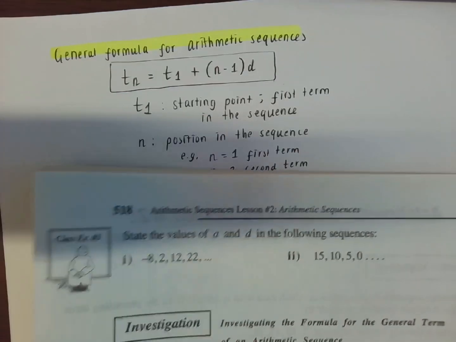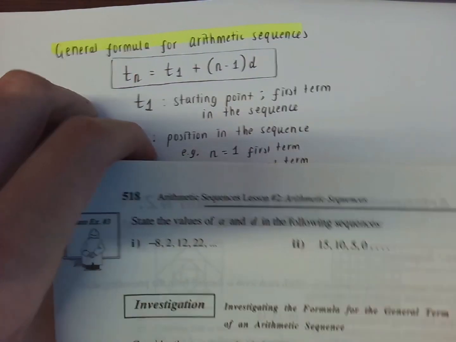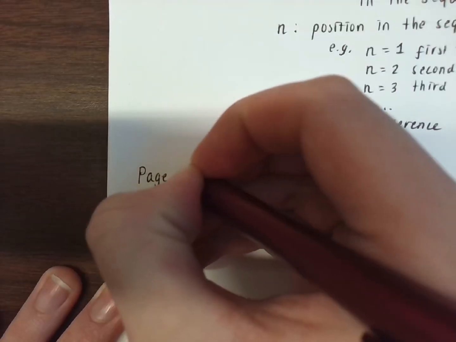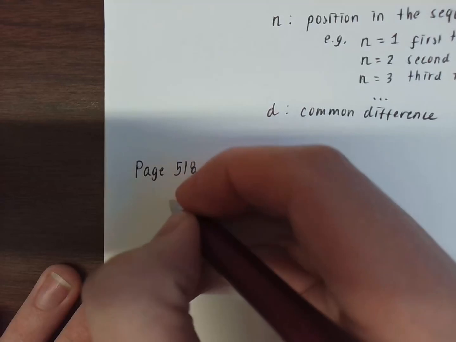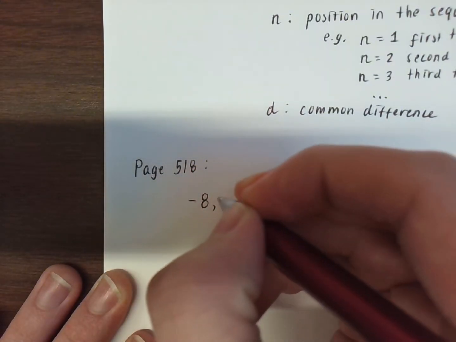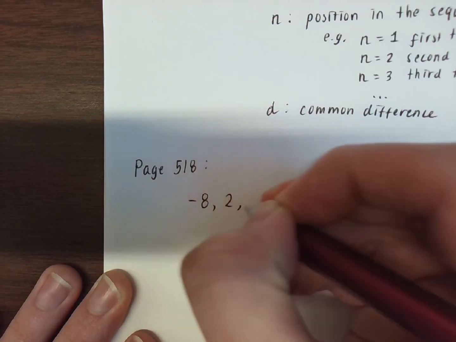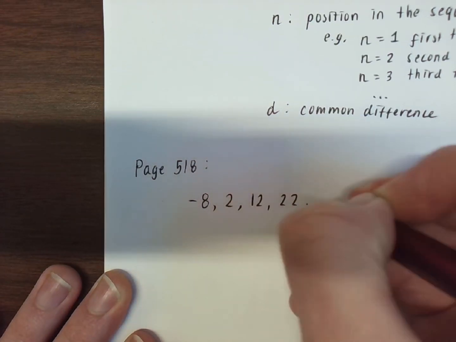So I'm just taking it from like page 518. With this sequence, -8, 2, 12, 22.